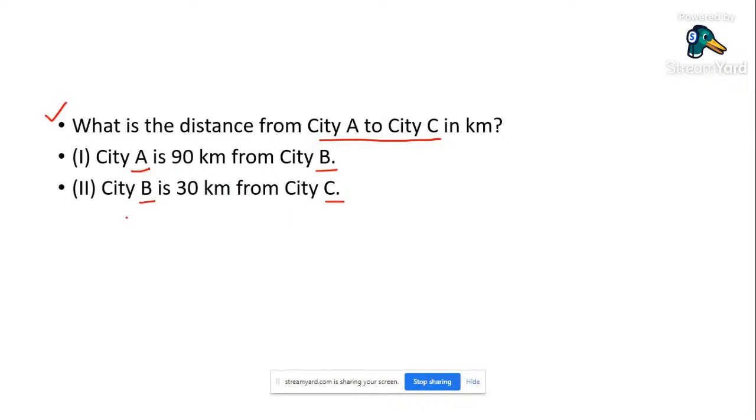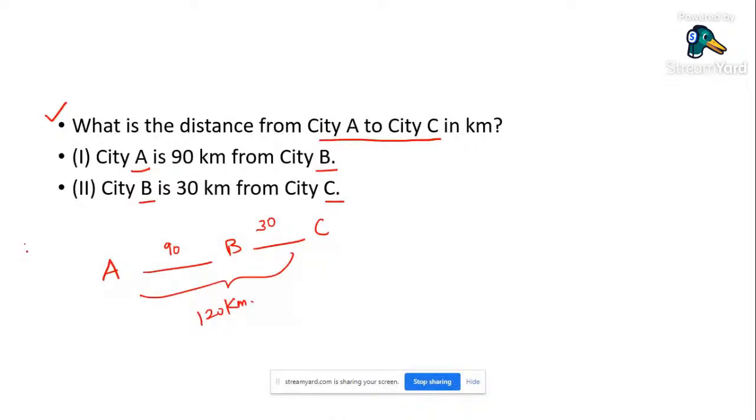Now let's refer to statement 2 alone. In the second statement, there is no information about city A. So statement 2 alone is also not sufficient. Let's combine both. A to B, 90.